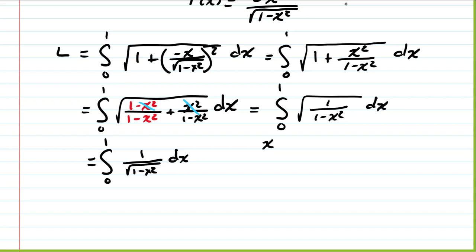So let's see. That is x is equal to sine theta. Then dx is equal to cosine theta d theta.